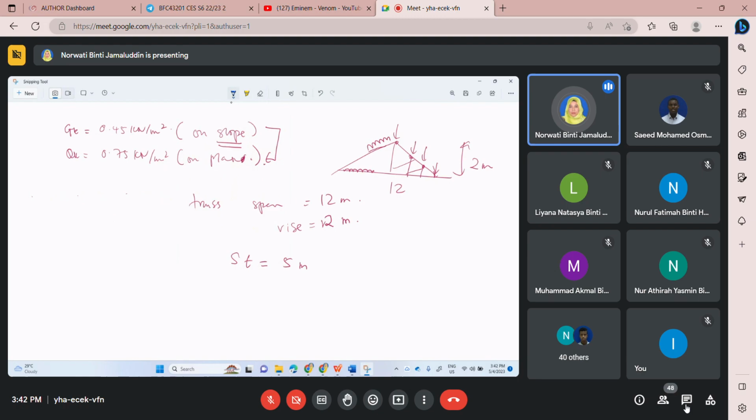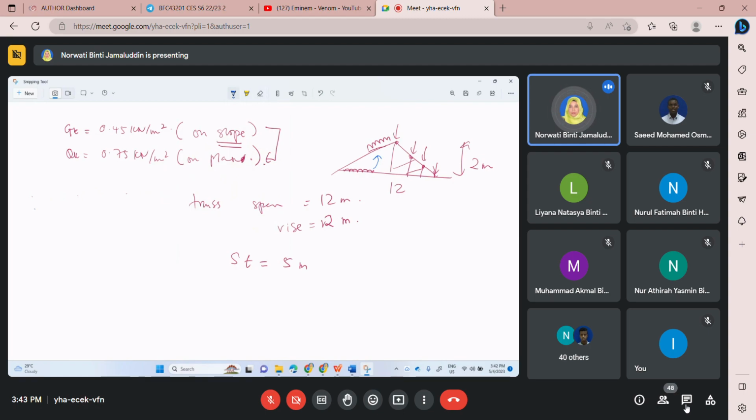So you need to change the QK into the form of slope.